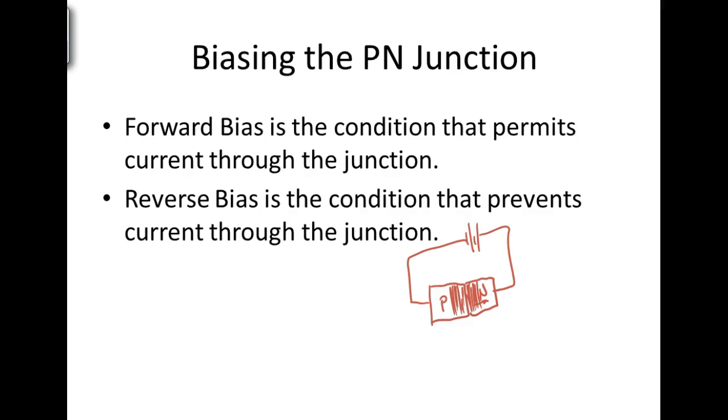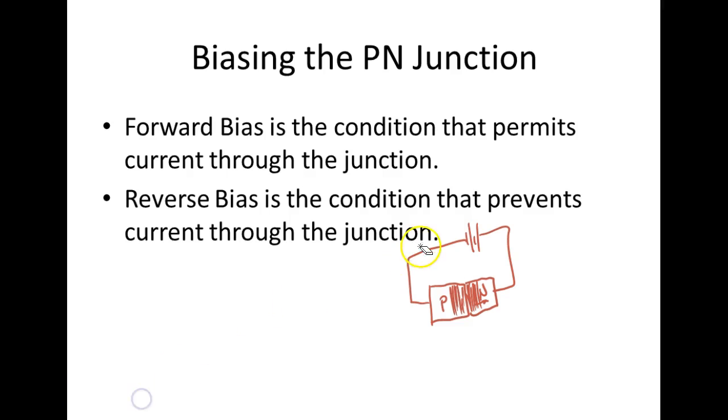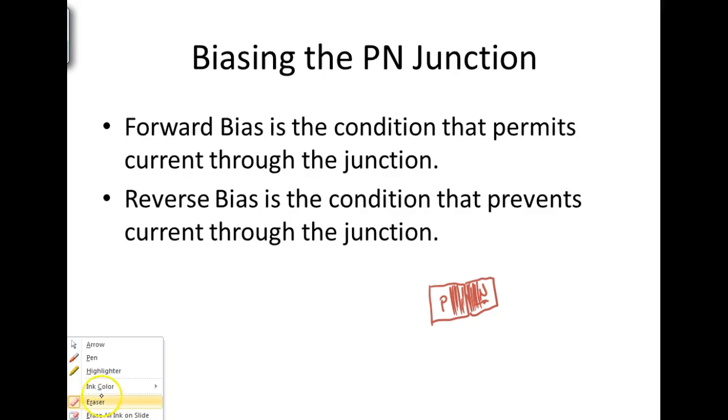Now, if I come over here and change this, we'll have to put a resistor in series with it, because if I don't, it'll burn my diode up. So if I had two batteries hooked up series opposing, and y'all studied that in DC, right?